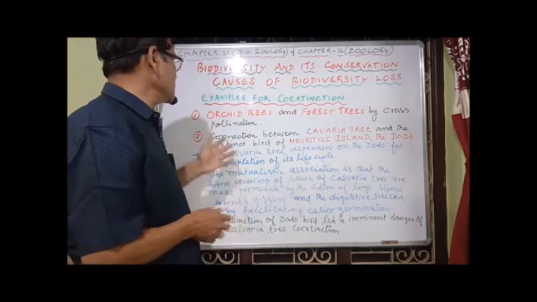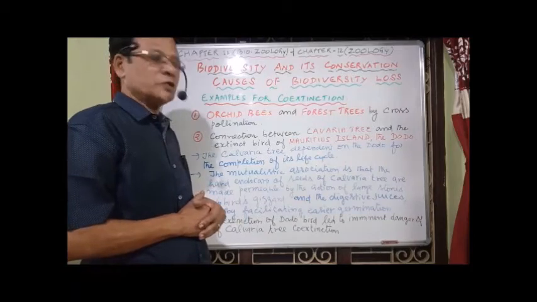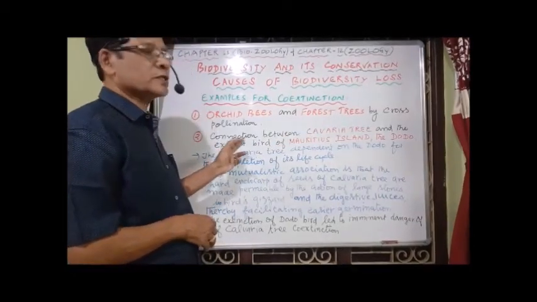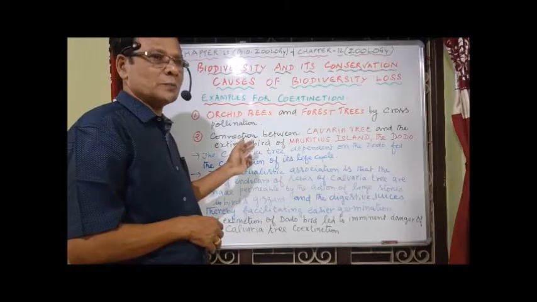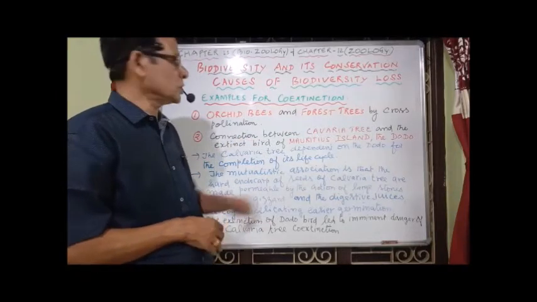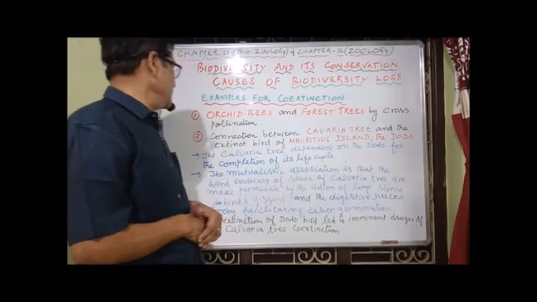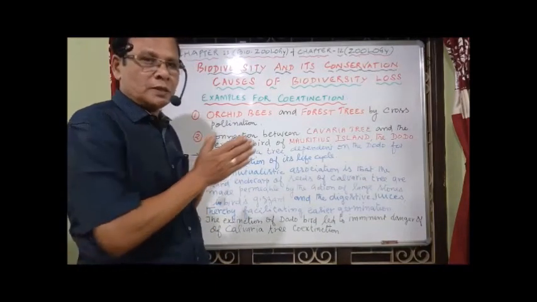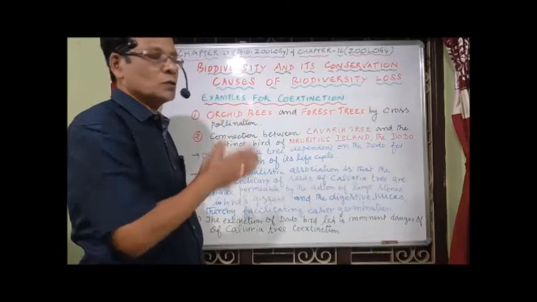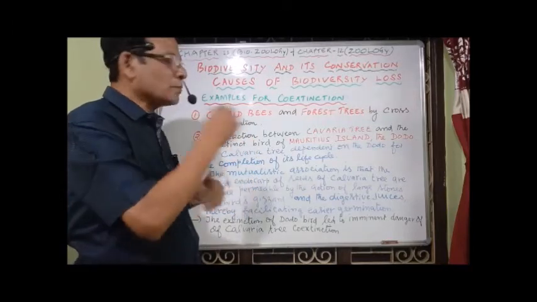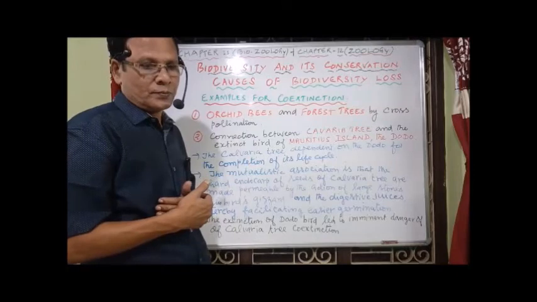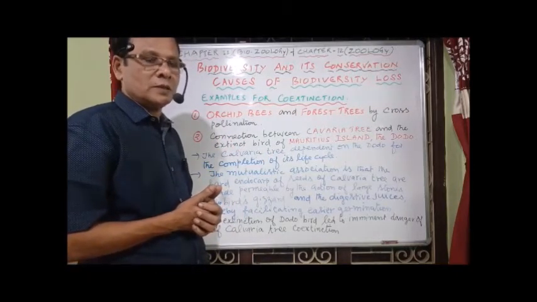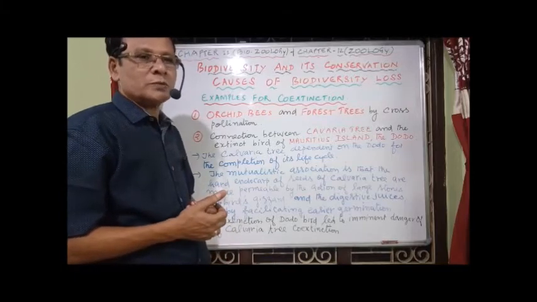Number two, the connection between a tree by the name Calvaria tree and the extinct bird we already saw, the passenger pigeon of Mauritius Island, the dodo bird. Now, the Calvaria tree is dependent on the dodo for the completion of its life cycle, because it affects pollination as well as the germination process of the seeds.